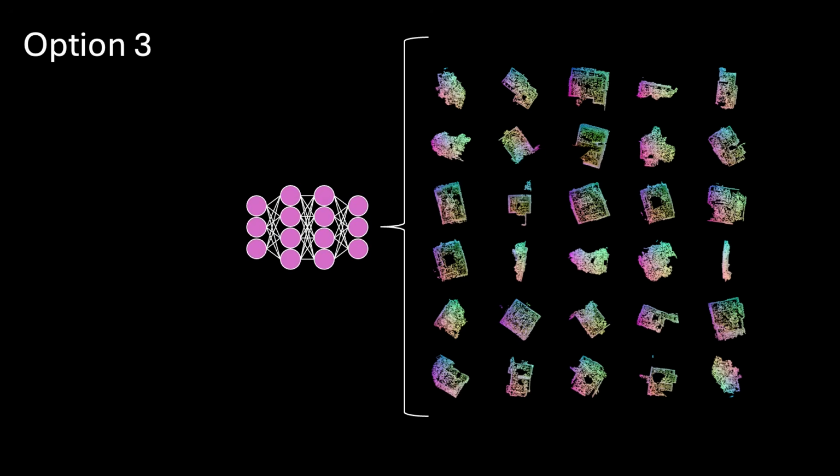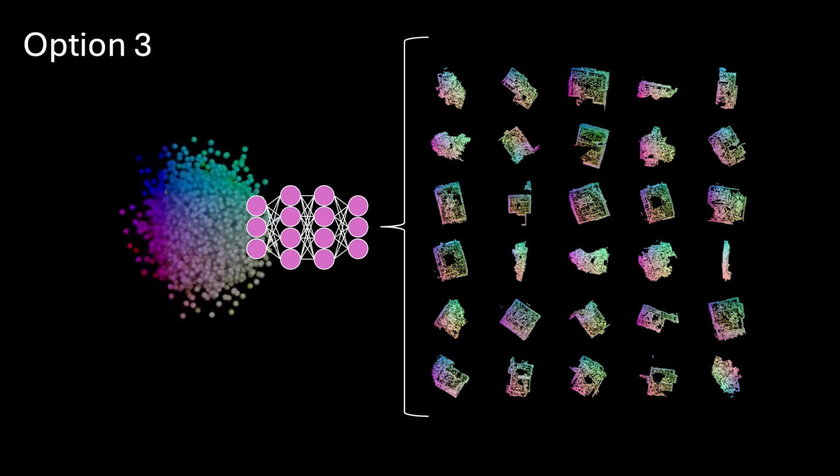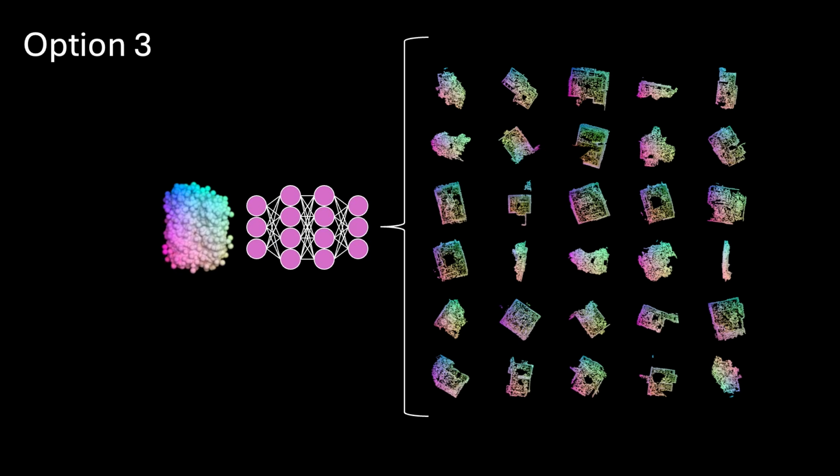Option number 3. Assume we have a large collection of scenes that were reconstructed correctly, in this case a dataset of indoor rooms. We can train a 3D generative model that encodes the general 3D layouts of such scenes. In our case, this is a 3D point cloud diffusion model that can generate plausible room layouts from Gaussian noise.